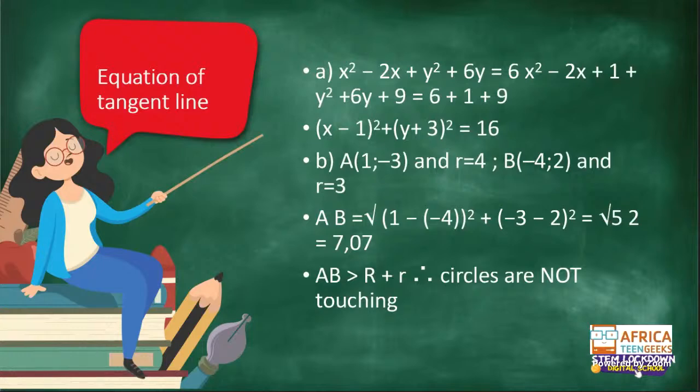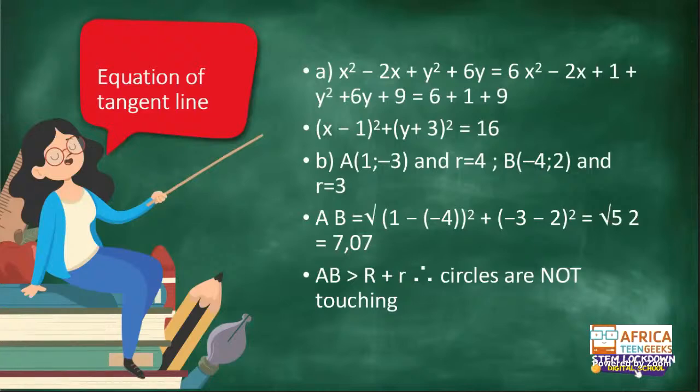So what you have to do here is find out the distance between the two centers A and B. You find the distance between the centers, you use 1 minus 4 all squared plus now bracket -3 minus 2 all squared, which is going to give you square root of 52.